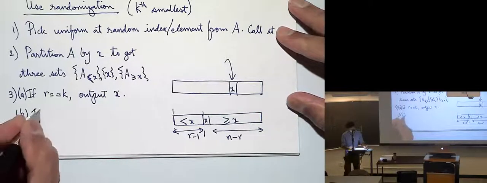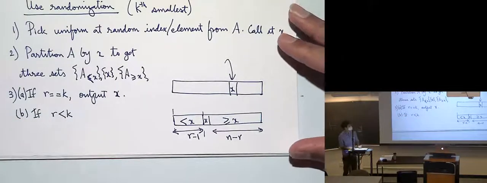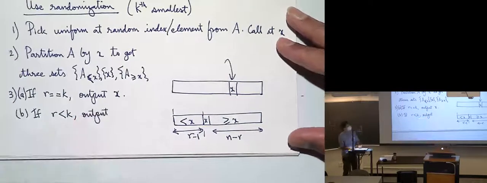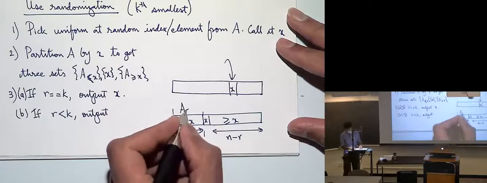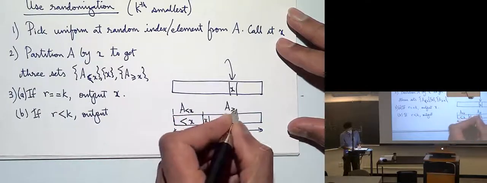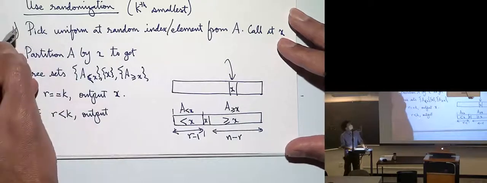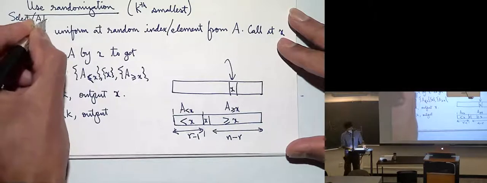So if R is less than K, well then you output, okay, so now you have to do this randomly over here. So I'm referring to this part as A less than X and this array as A greater than or equal to X, right? So what do you output? I'll call this the select algorithm.